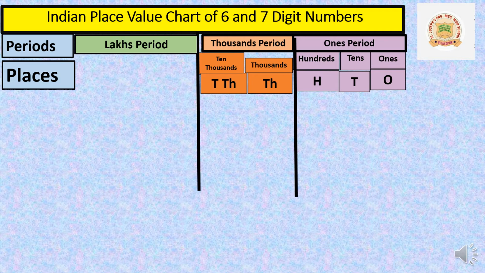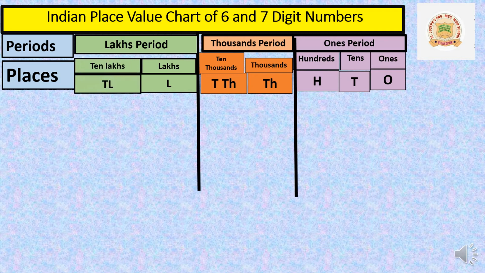But as we are doing 6 and 7 digit numbers, we will look at the lakhs period. In the lakhs period, the first place is lakhs, that is capital L. Next is 10 lakhs, capital TL. Lakhs is called a 6-digit number, 10 lakhs is called a 7-digit number.